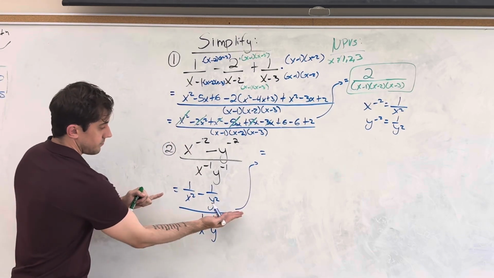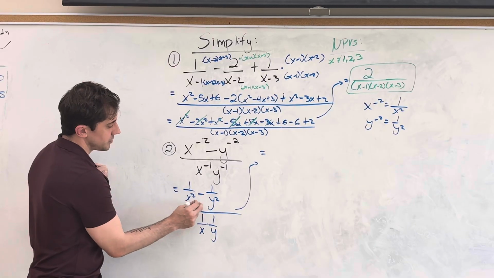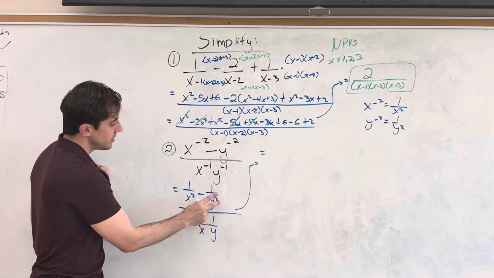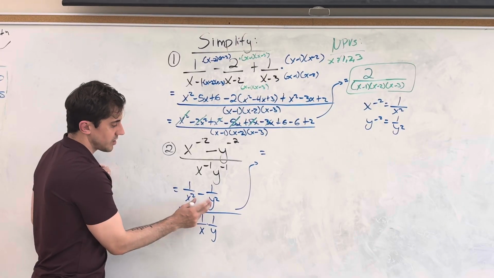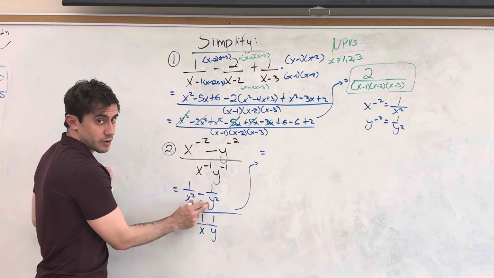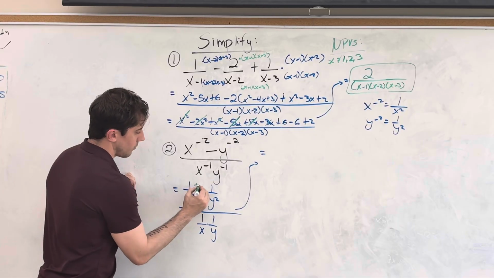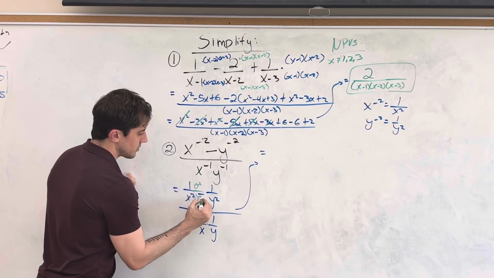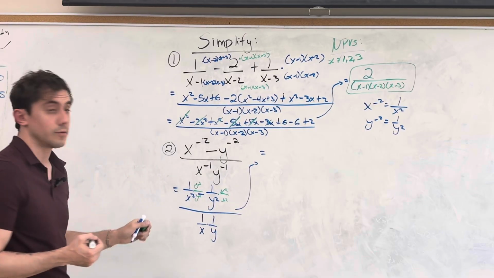In the main numerator, let's say, we have the subtraction of two fractions. So we need a common denominator for these two terms, right? That common denominator is going to be x squared times y squared. And so we have to multiply this first term by y squared over y squared, and the second term by x squared over x squared to get a common denominator.